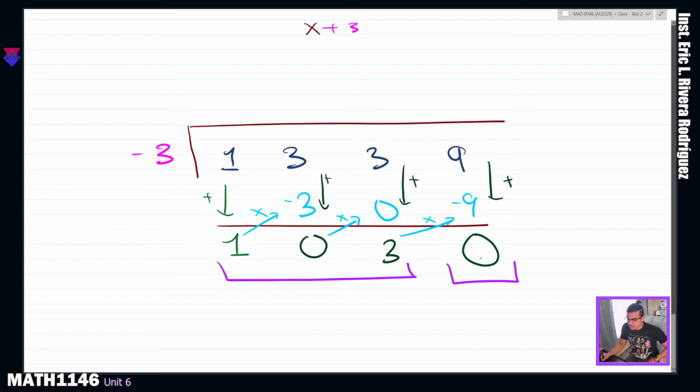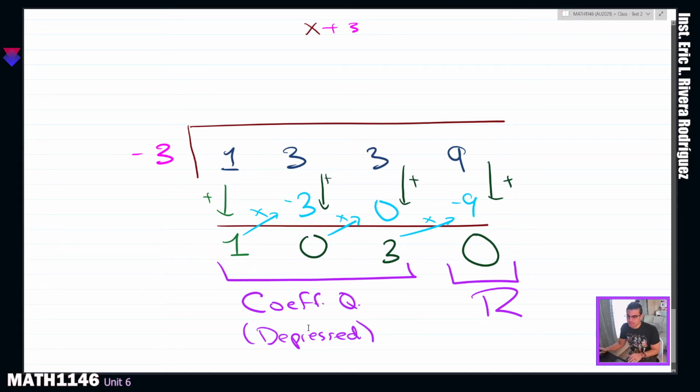The last number that we are getting is the remainder. All the numbers that we get on the left side are going to be the coefficients of the quotient equation, of the depressed equation. I'm going to explain the depressed equation just in a moment.